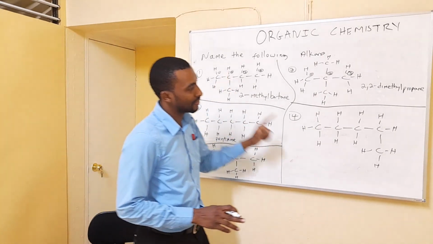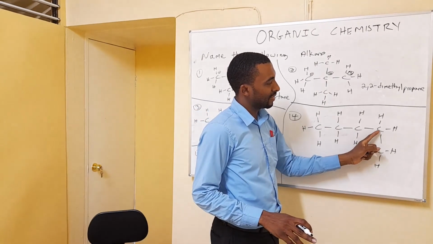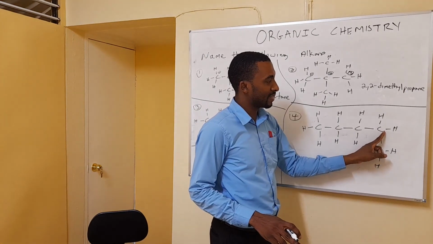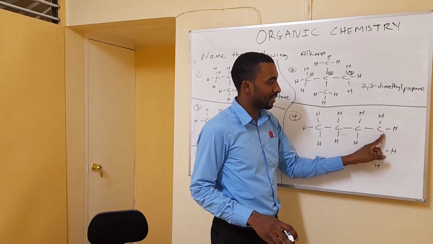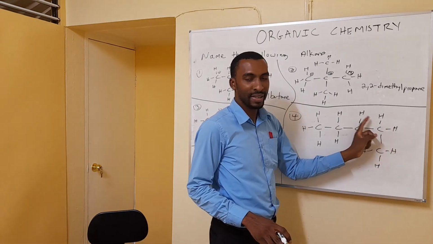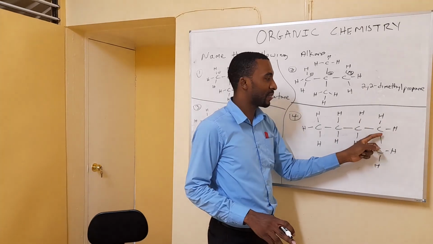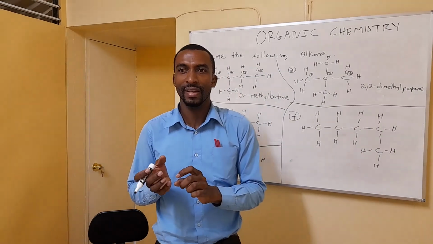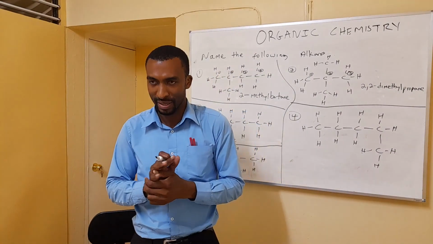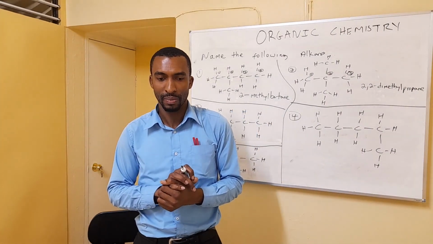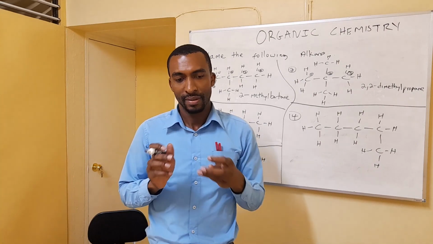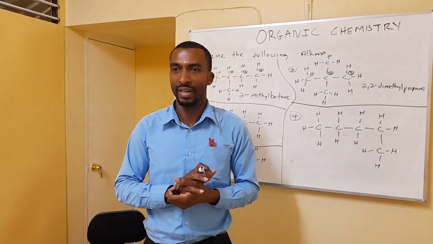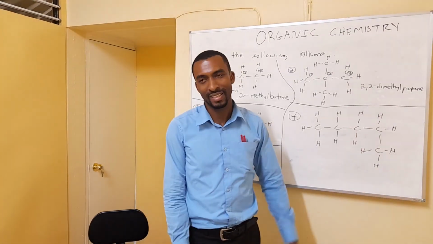If you notice here, this carbon which we are saying is a branch actually has 2 hydrogen atoms. Normally, if it's a branch, the carbon atom which the branch is on should have 1 or no hydrogen atoms attached to it. That's another way in which you can determine if it's a branch or not. Apart from that, if it's at the end, it's unlikely to be a branch.